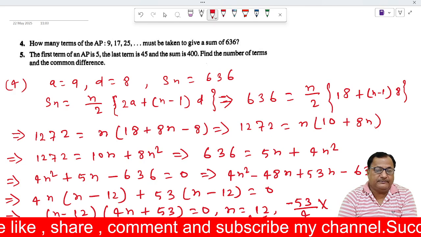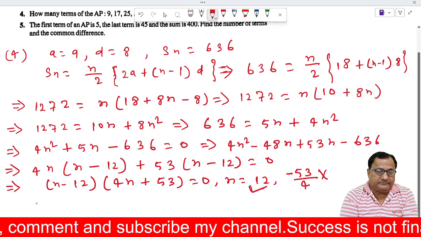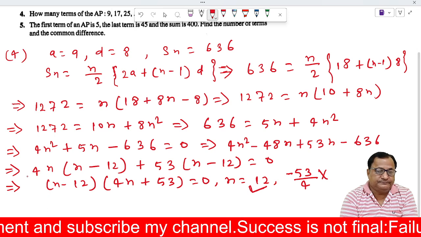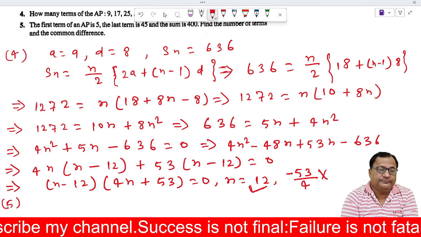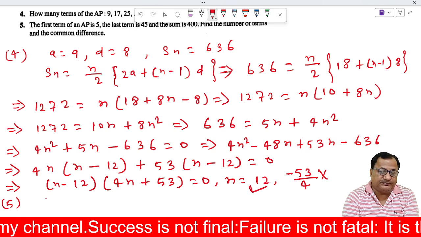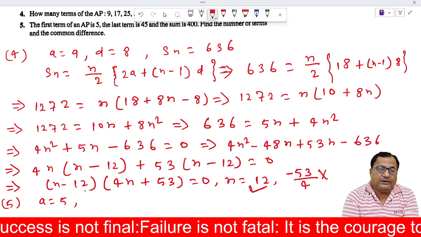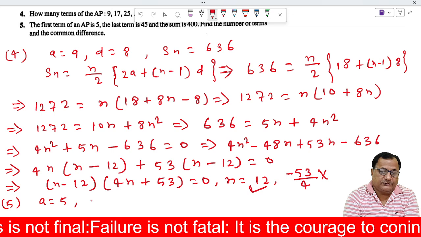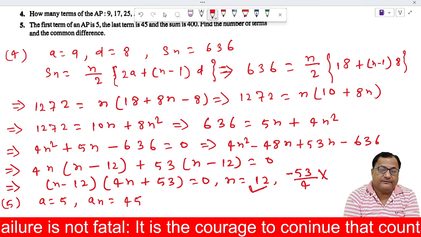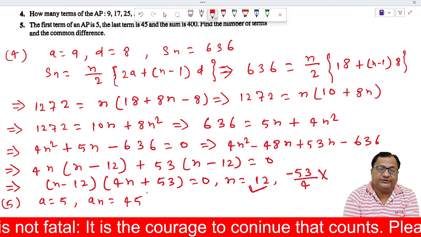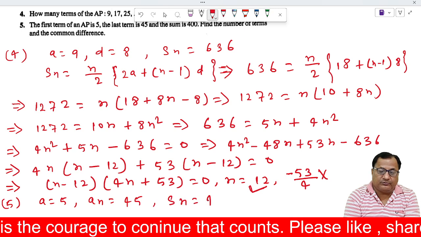Now see question number 5. Question number 5 is: the first term of an AP is, means a equal to 5, the last term is, means an equal to 45, and the sum is 400, means Sn equal to 400.